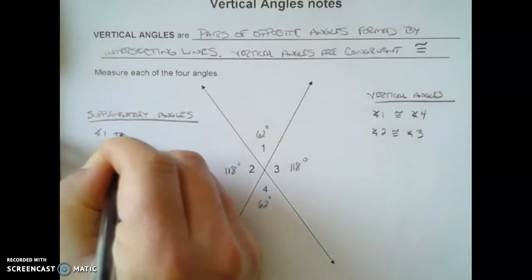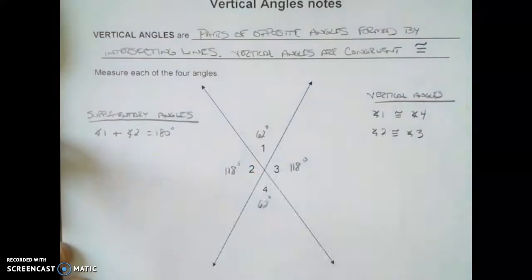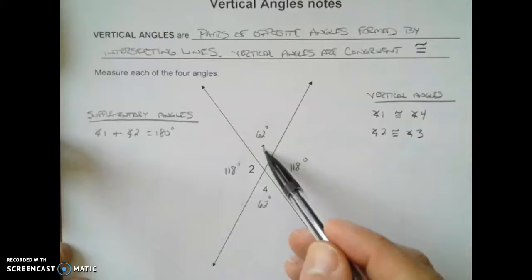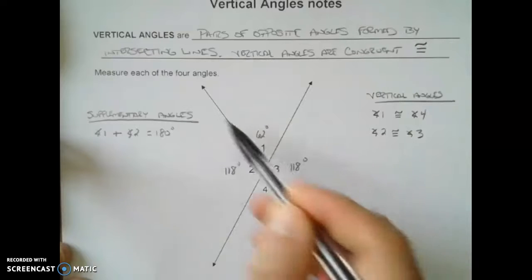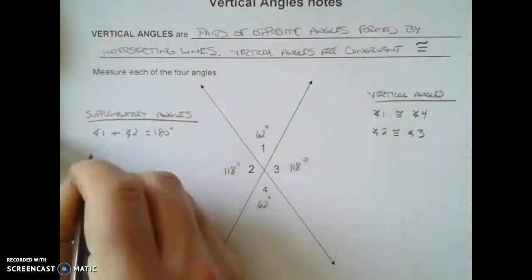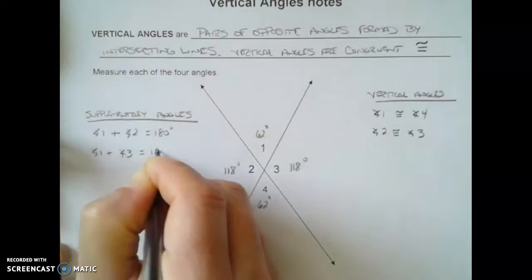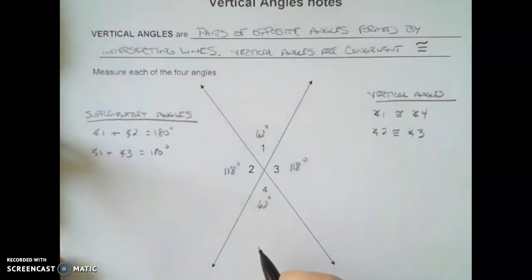Angle 1 plus angle 2 equals 180 degrees because they are supplementary angles. The same goes for angle 1 and angle 3. They form this straight angle, and their sum is 180 degrees. Angle 1 plus angle 3 equals 180 degrees.